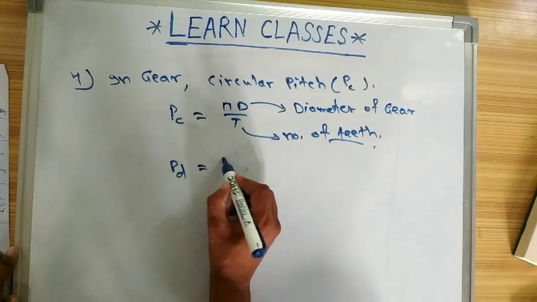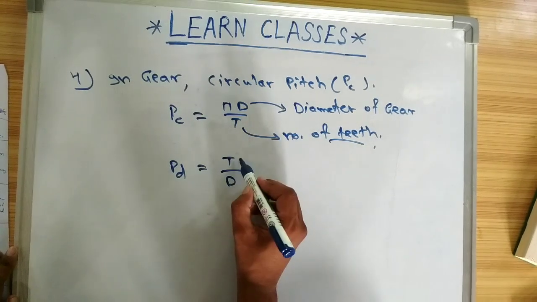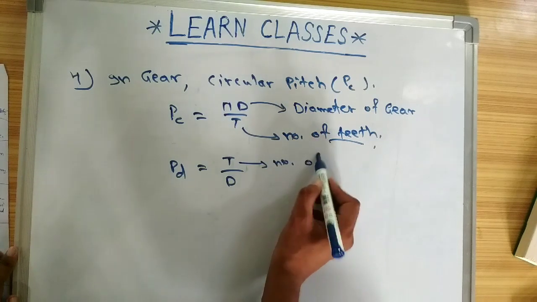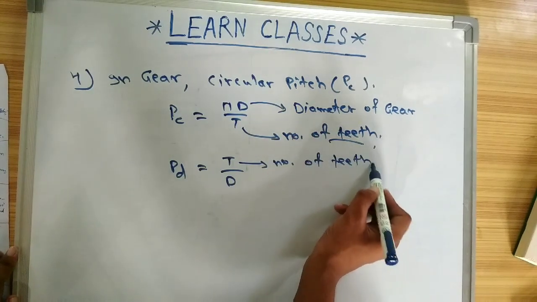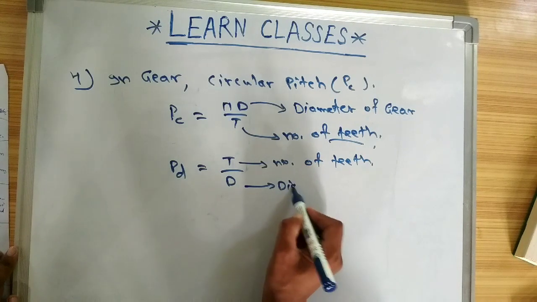Diametral pitch is equal to T by D, where T is the number of teeth and D is the diameter of the gear.